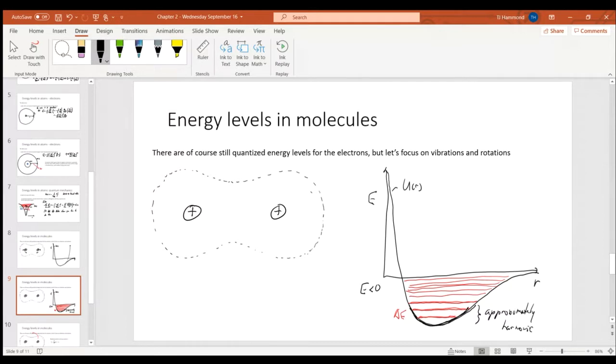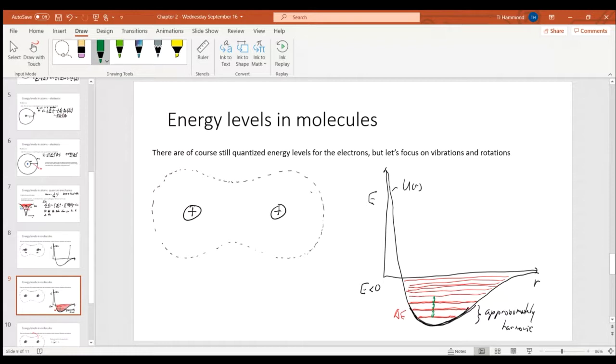And people solved this almost immediately after Schrödinger came up with his equation. People solved the harmonic oscillator. And it turns out that for these low energy states, the energy separation of these first few states, this delta E, are all the same, which is kind of interesting.